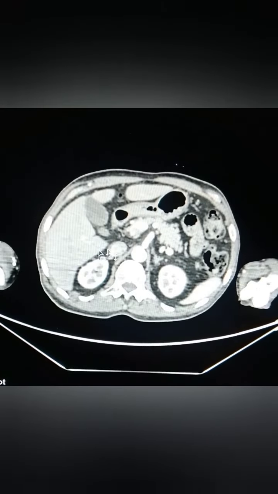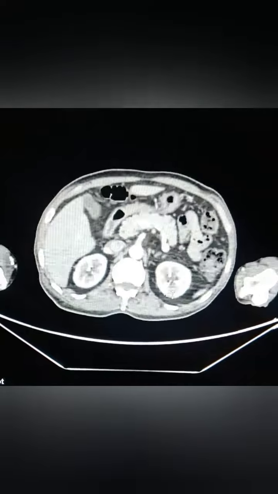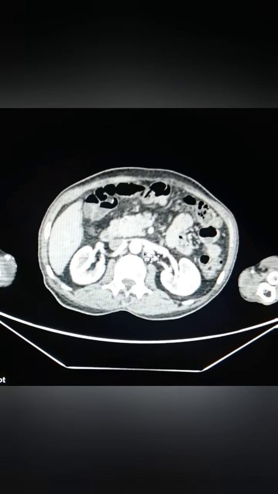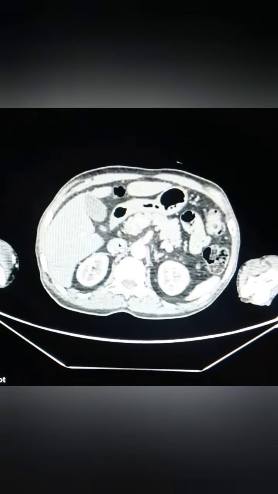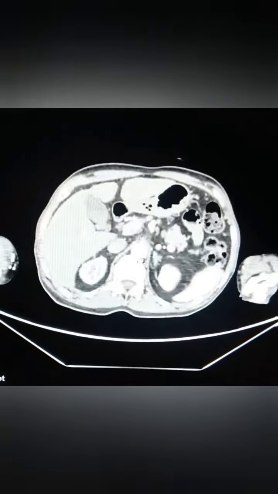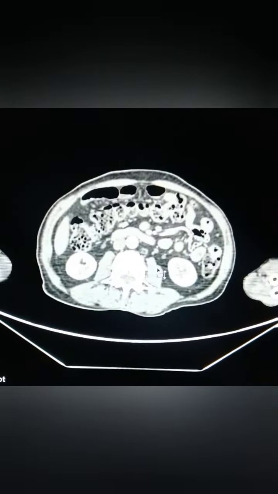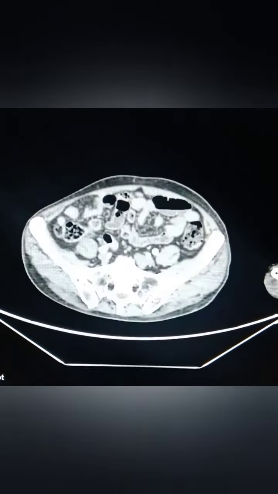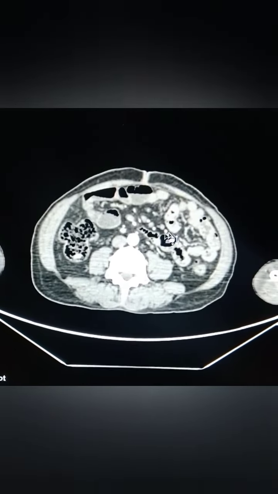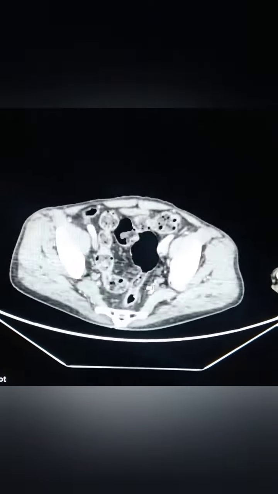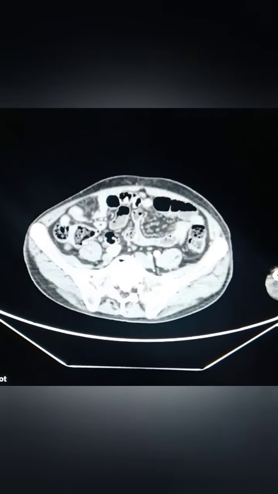And posteriorly, you can see both the kidneys, the renal vessels, and you can see the inferior vena cava here. When we go further down, you see all the small bowel and the large bowel. We'll trace the large bowel. This is the ascending colon on the right side.